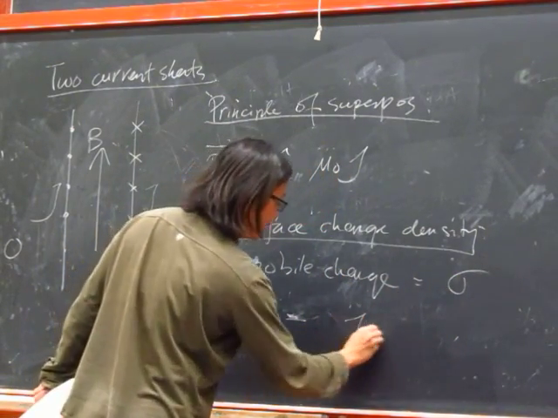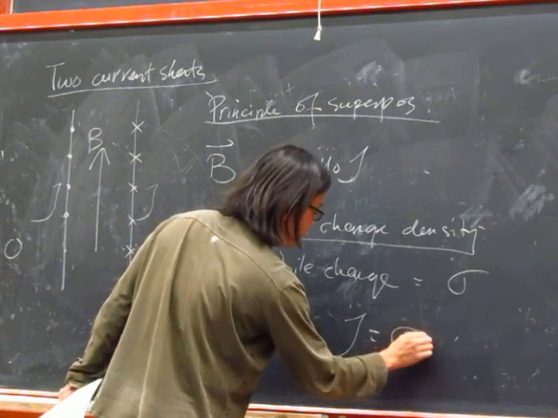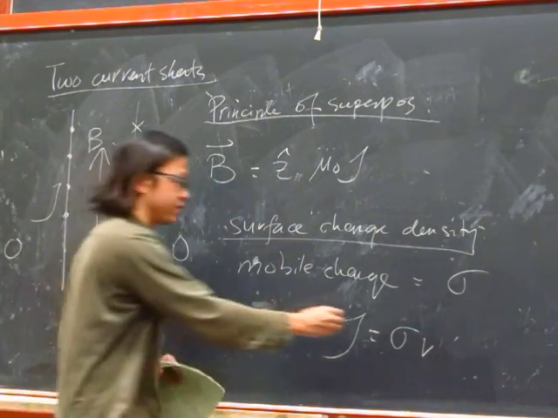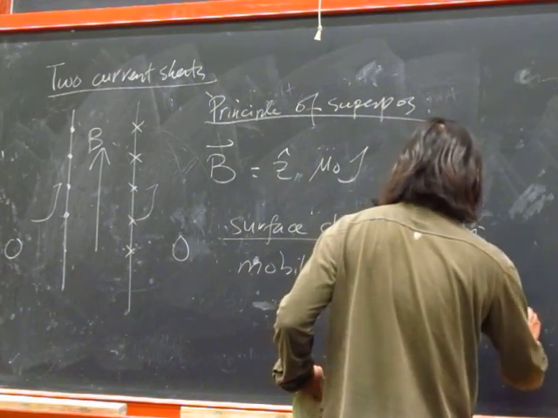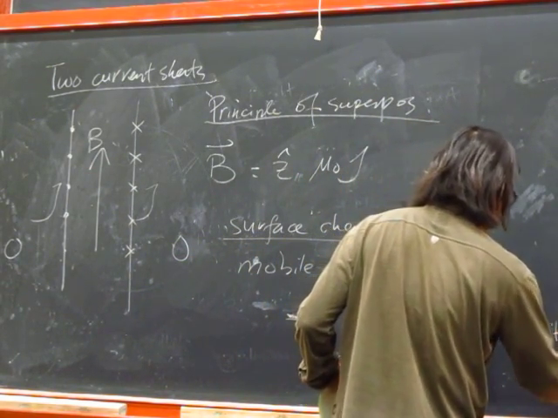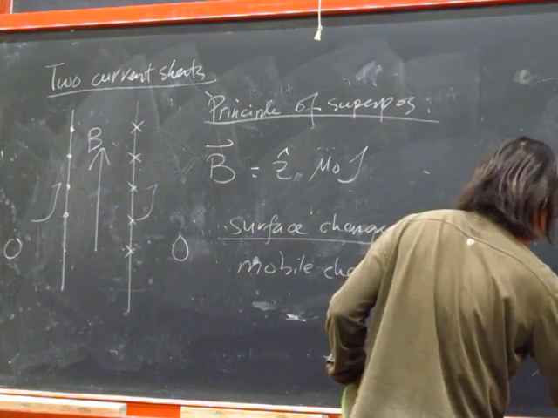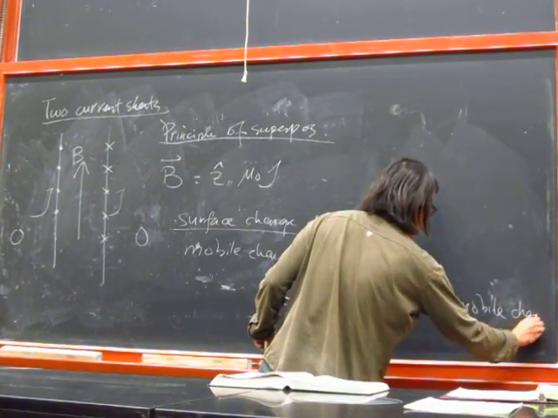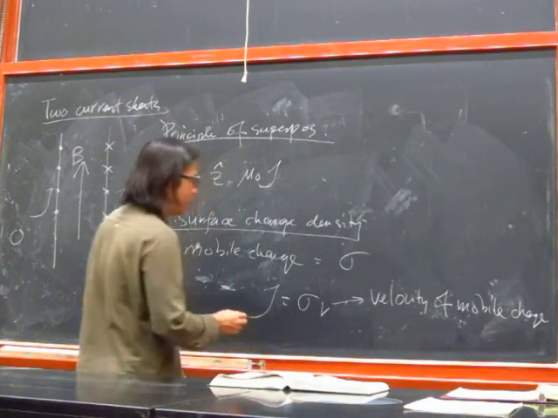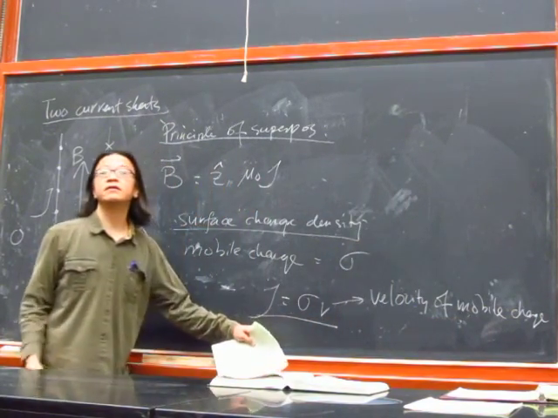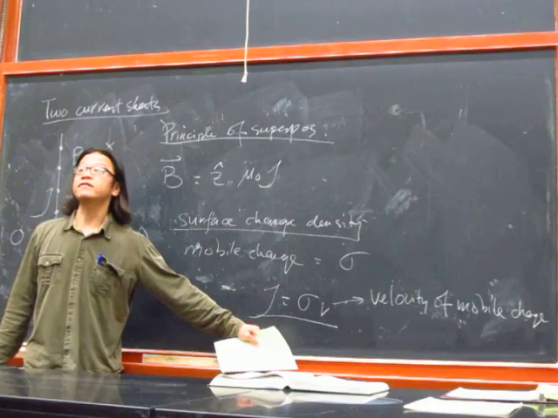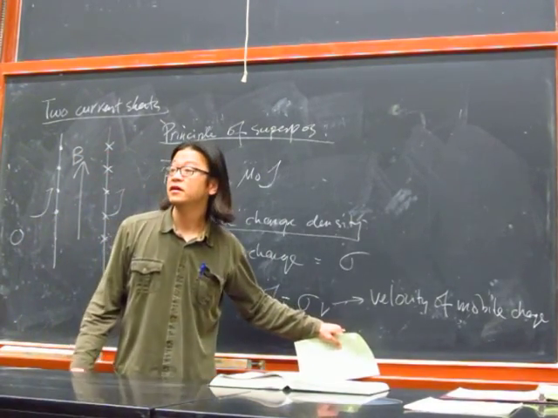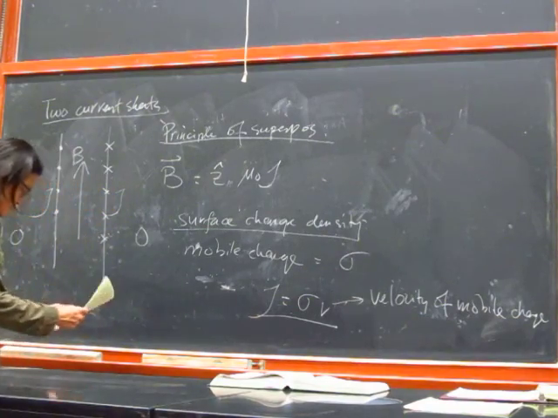Then J is just sigma times V, and V is the velocity of the mobile charge. This is just an analog to current density in GP, right? Current density in GP is rho times V.